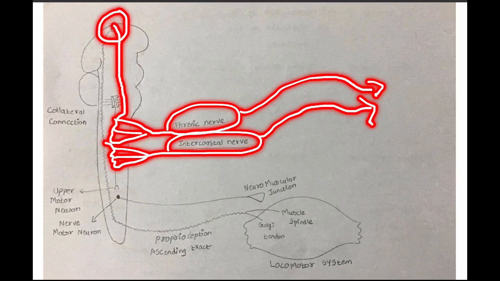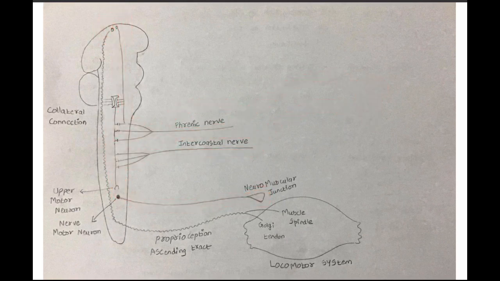And the same signal will go down the brainstem to the upper motor neuron, and from the lower motor neuron it will go to the muscles in the neuromuscular junction.